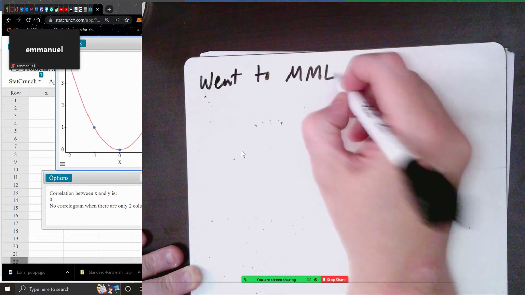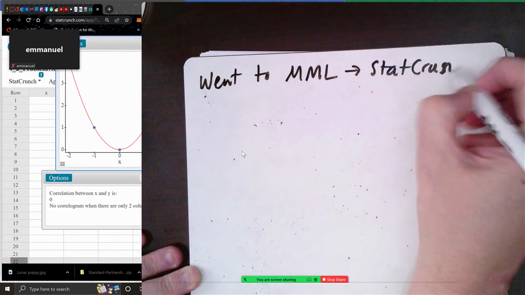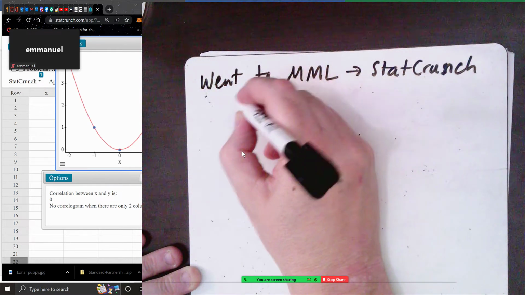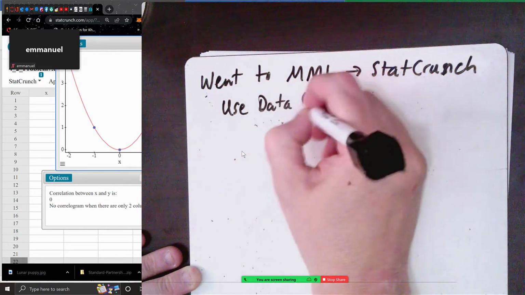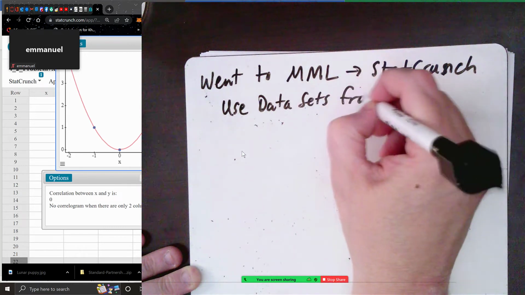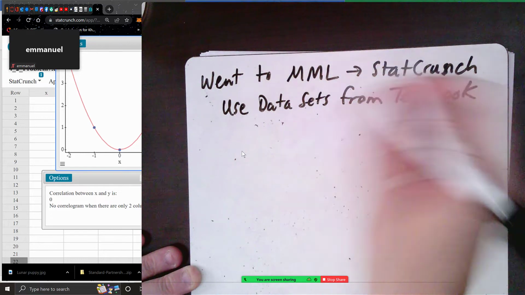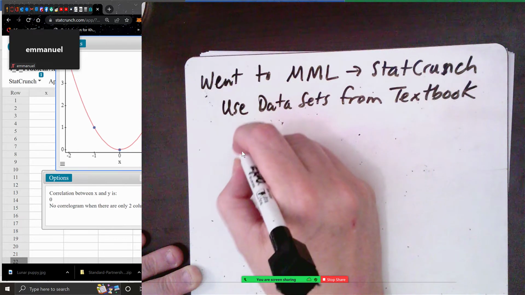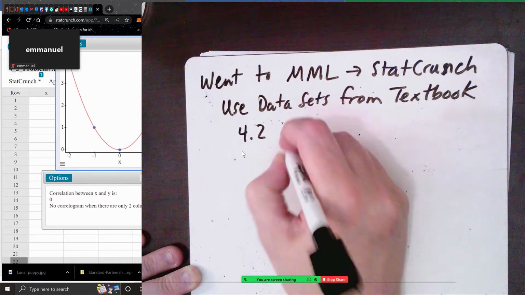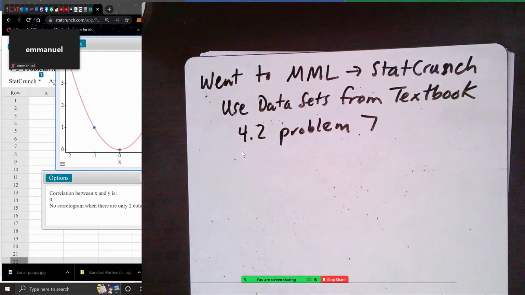Went to my Math Lab, clicked on the StatCrunch tab, and it said use data sets from the textbook. And so if you want to load this up on your own, you can. This is 4.2, problem 7. And I'll show you how to do that.